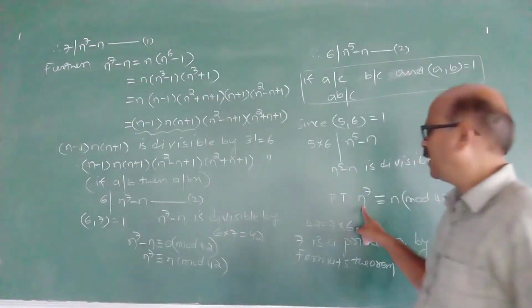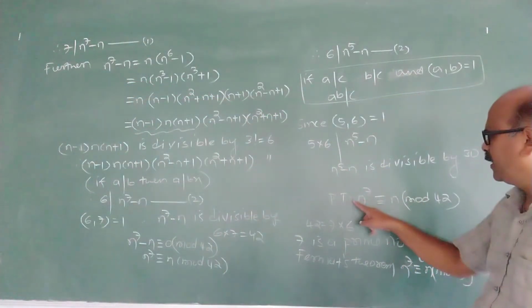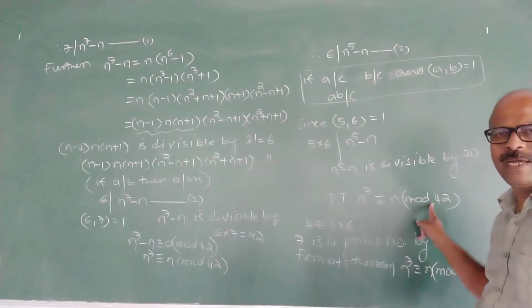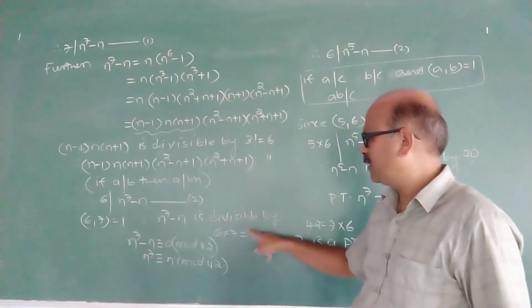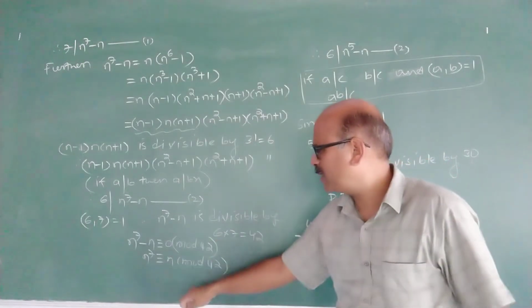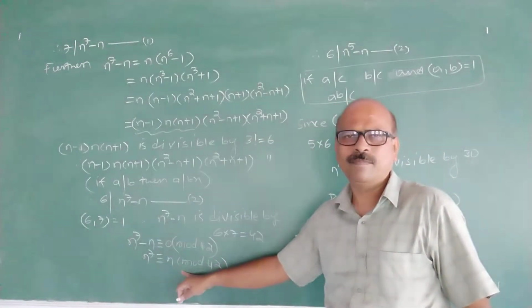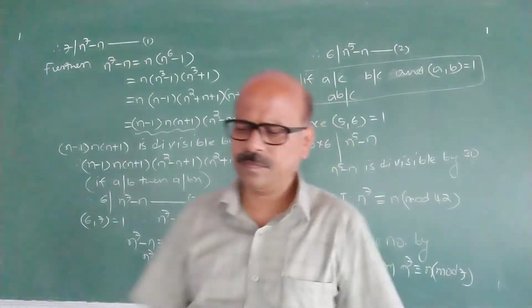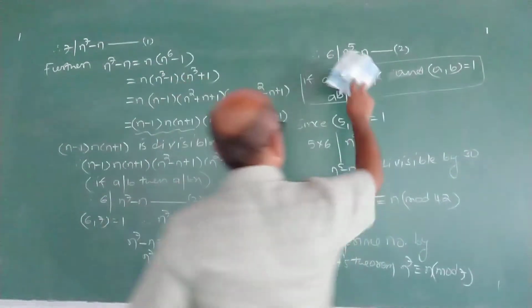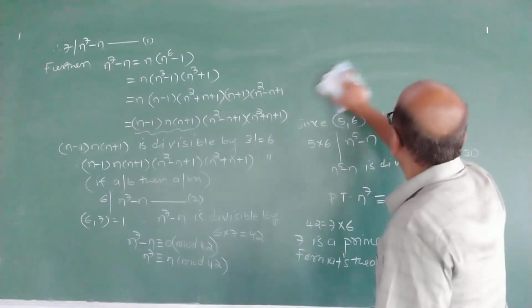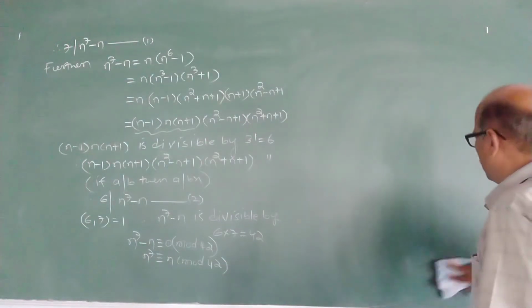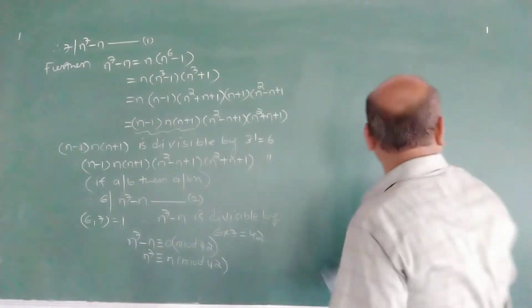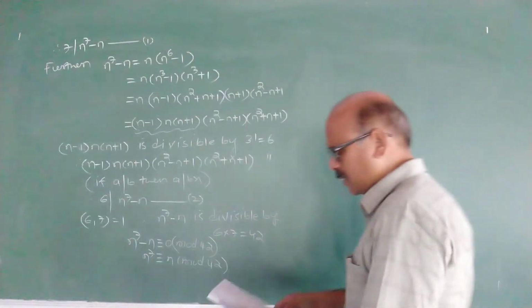See, this problem is also the same as n raised to 7 minus n is divisible by 42, expressed in congruent modulo form. I think all of you understood the technique here. That is important. In all the problems, the same technique we cannot use.